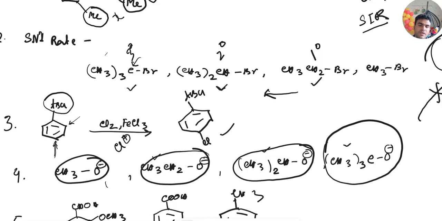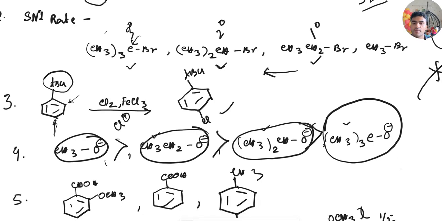As the bulkiness increases, it will be difficult to act as a nucleophile. It can act as a strong base, but it will be a weak nucleophile. So the nucleophilicity trend will be like this, and due to the steric hindrance, the next one will be less nucleophilic.